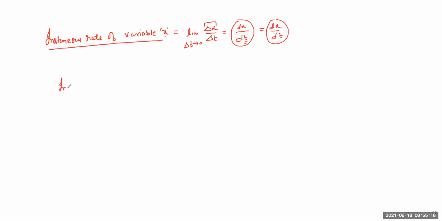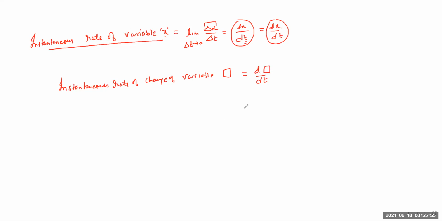So we have the instantaneous rate of change of a variable, this box, I don't know what this box is, we can write as d by dt of the box.